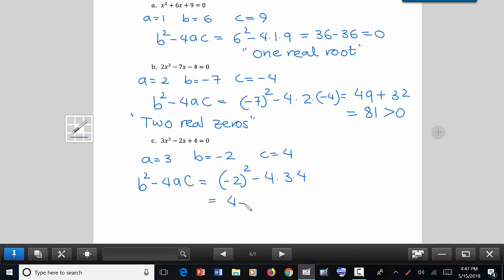Multiply that out. 12 times 4, 48. So that gives -44. Since this expression is negative, it is telling us it will have complex roots. Because square root over negative number is complex. Let me write root.